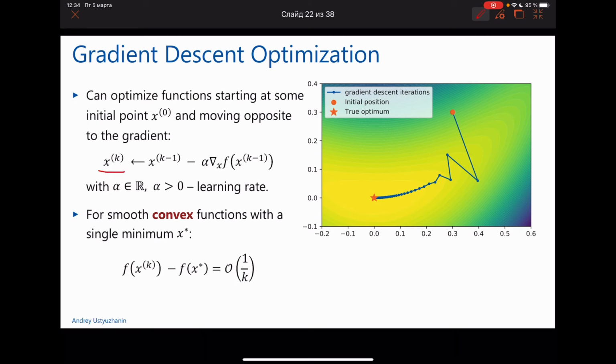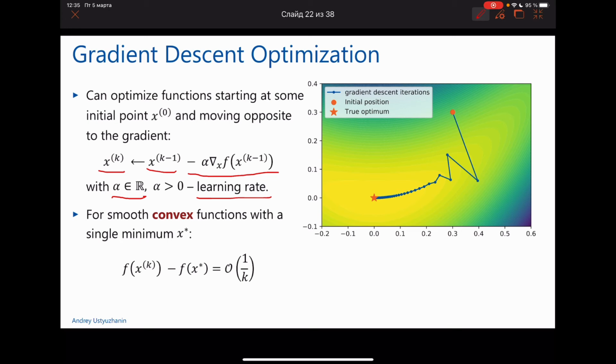So for every iteration k, we pick the previous value of x_k and make a step in the opposite direction of the gradient, where alpha is a coefficient that just says how big the step should be in this direction. And it is called the learning rate.